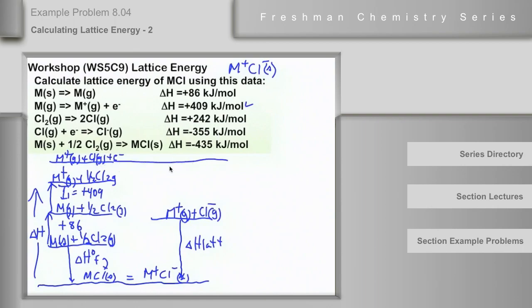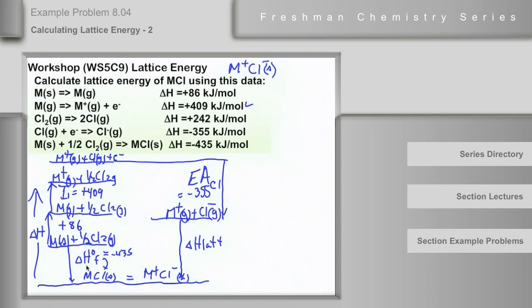Now if the electron and the chlorine get together and form a chloride ion, then of course the energy change is the electron affinity of Cl, and according to this, that is negative 355 kilojoules. So we have a number for delta H of formation on here as well. That's minus 435. So we can write the equation: minus 435, the delta H of formation, is equal to the sum of all of these steps.